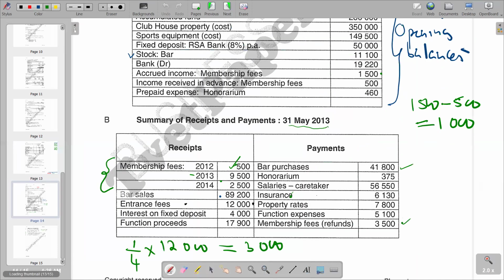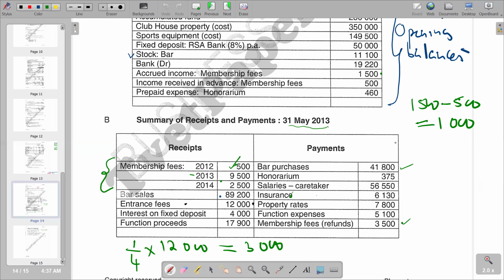Then we go to the items to be posted to the debit side of the income and expenditure account. The first item that we can identify is honorarium. We're given it as 375. This one is the actual amount of honorarium that was paid during the period. But we prepare the income and expenditure account on an accrual basis, or we apply the matching principle.